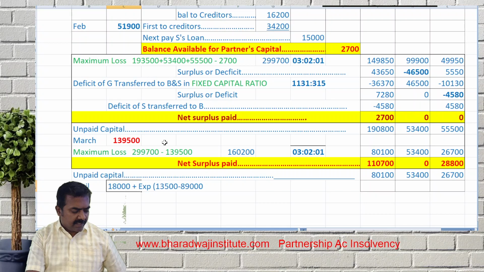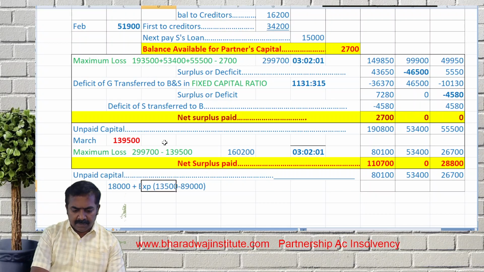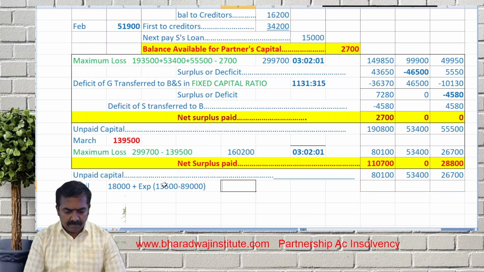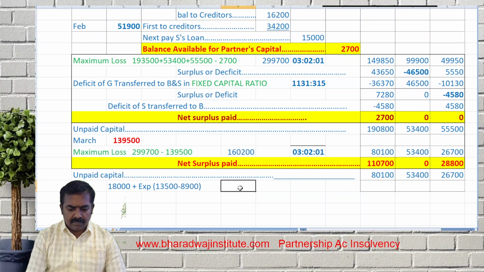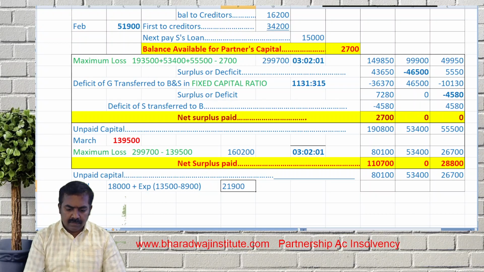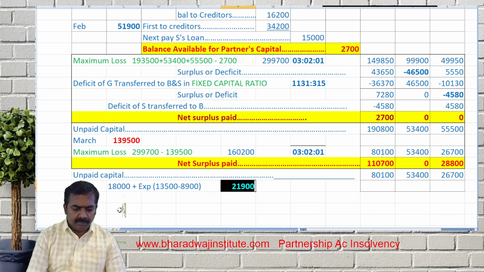What is the surplus available? Add that amount available to partners: 21,900 is the amount available to partners.